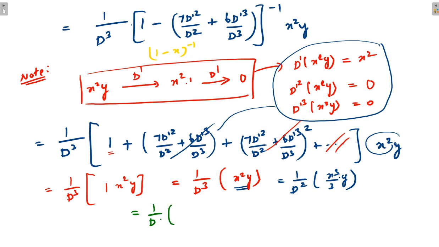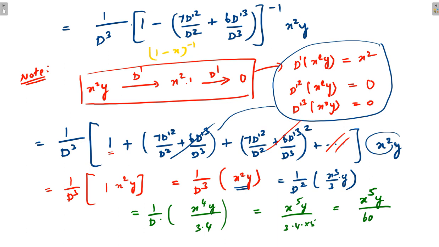If you again integrate with respect to x, you make it x power 4 y by 3 into 4. Again integrate, so consecutively you integrate the resultant with respect to x. So x power 5 into y divided by 3 into 4 into 5. So finally you make it x power 5 y divided by 60.